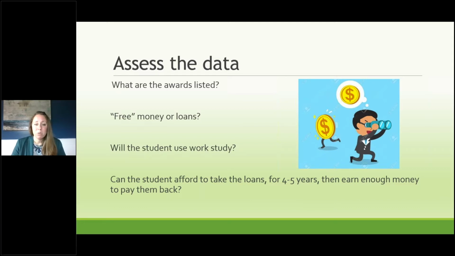A lot of schools may include work study as well. Federal work study can be a paycheck that the student receives bi-weekly or however often that particular institution issues those paychecks. And is that calculated into the COA? There's a lot of variance there. Also, if there are a lot of loans on that award letter, can that student afford to take the loans for 4 or 5 years, however long it takes them to complete their education, and on the flip side, also earn enough money to pay those student loans back?